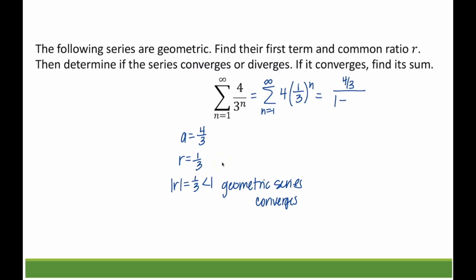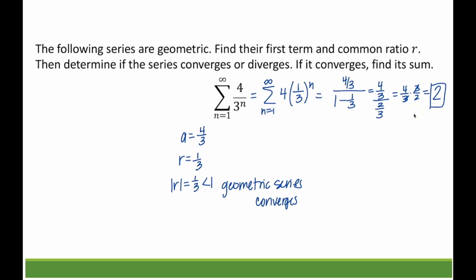So over 1 minus 1/3. So that's 4/3 over 2/3. That's 4/3 times the reciprocal, 3/2. The 3's cancel. 4/2 is just 2. So this infinite geometric series converges, and we know it converges to 2.